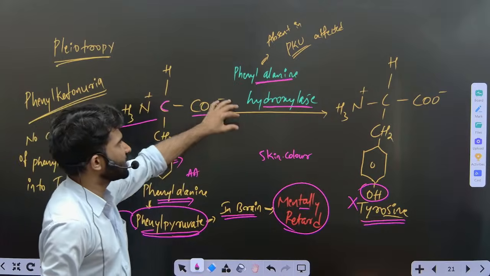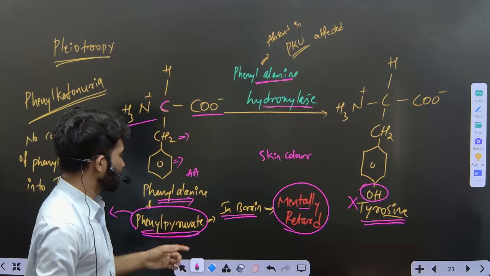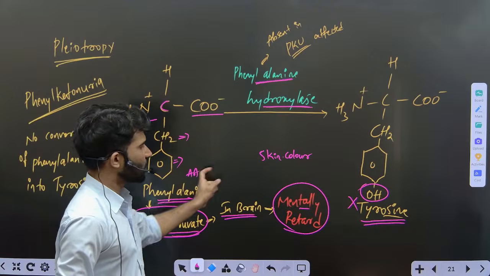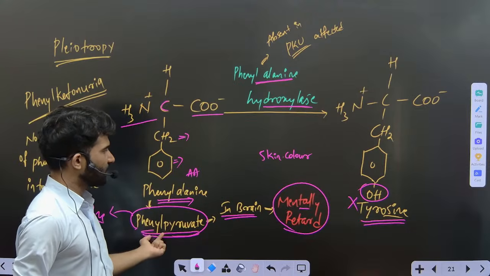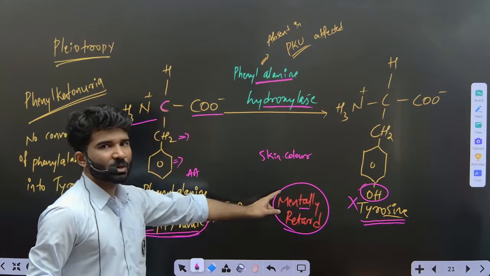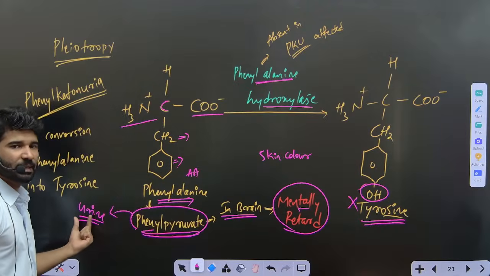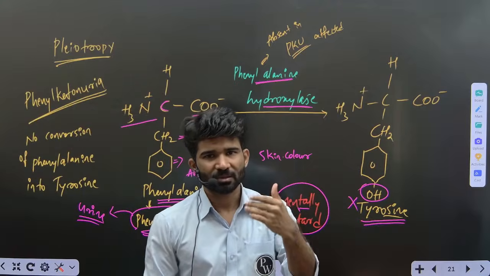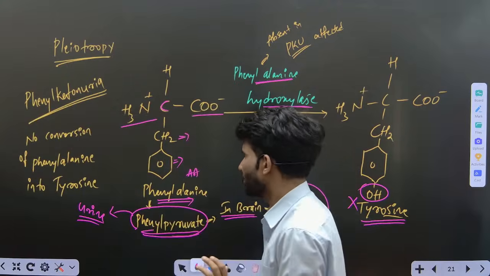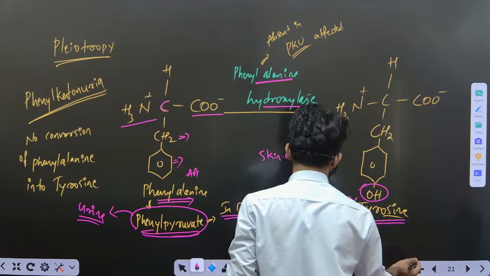If this enzyme is lacking, it leads to an error of metabolism, where phenylalanine is not converted into tyrosine. In turn, it is converted to phenyl pyruvate that accumulates in the brain and causes mental retardation. Because of its poor absorption, it can be excreted in the urine, and in later stages it also leads to kidney failure. So this is one other example of what?